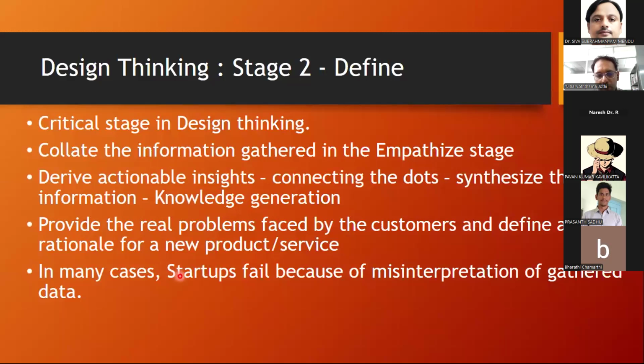Most of the startups will die in this stage itself. They cannot sustain because they misinterpret the gathered data. So that means whatever the end user wants, we are completely going against that. And once we come up with a product which is not useful to any of these customers, then automatically that innovation is going to fail.